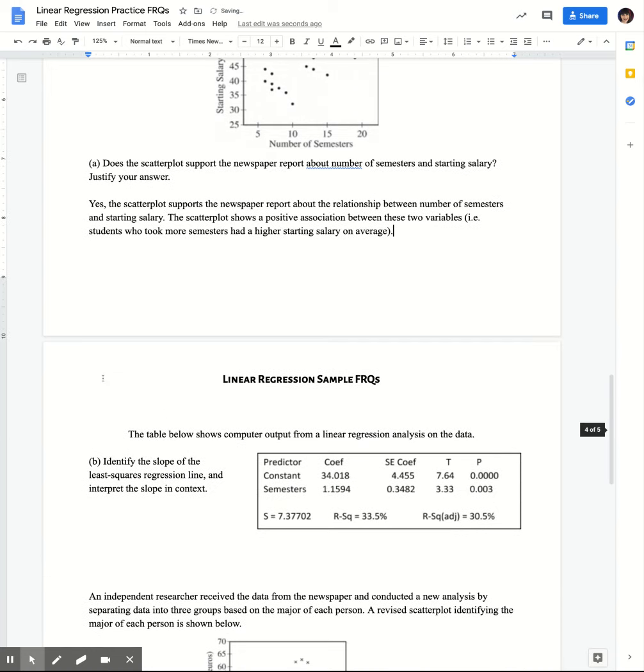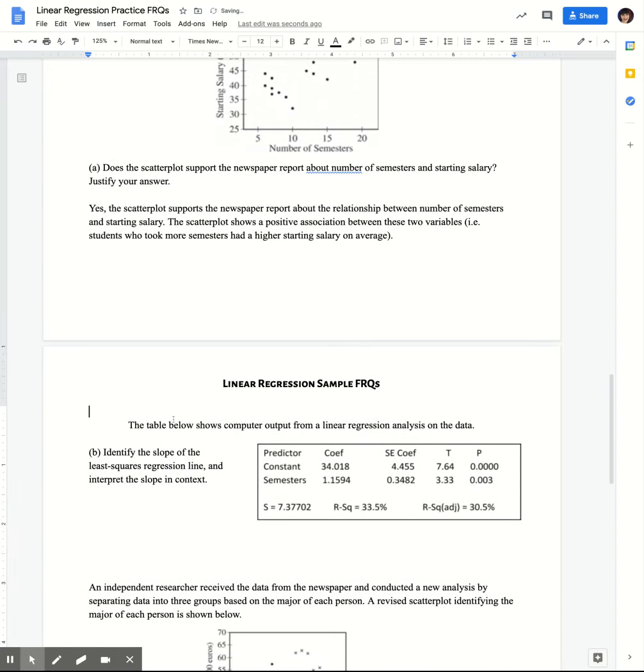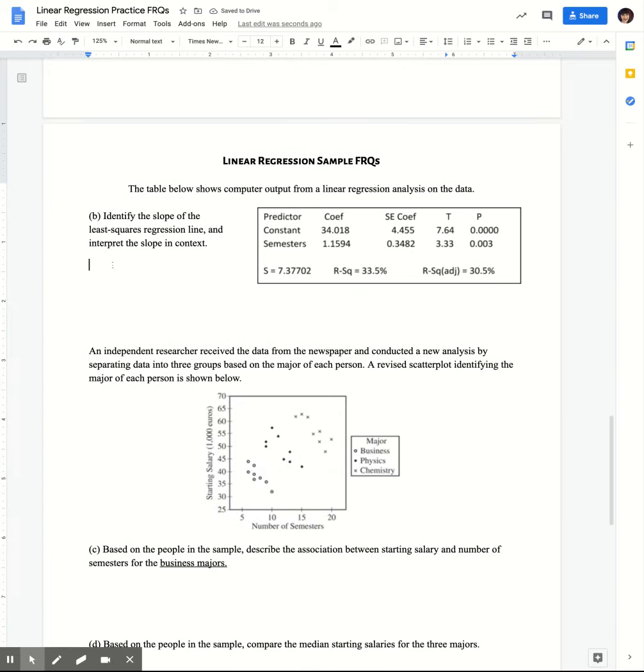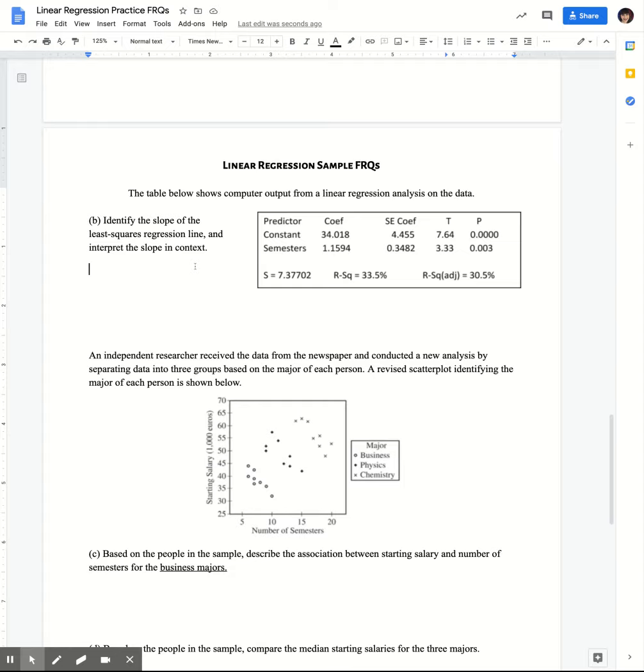Okay. All right. So part B gives us the Minitab output for this data, right? And they want us to identify the slope and interpret slope in context. So remember, when you're looking at Minitab outputs, what you need to look at for now, and really for almost every problem, is this first column right here, the coefficient column.